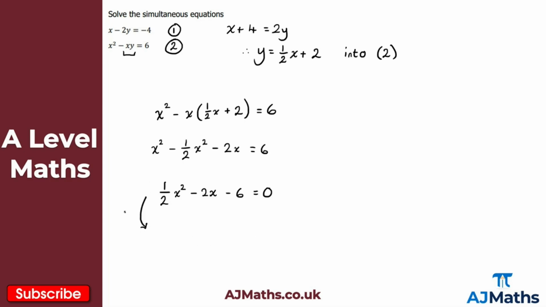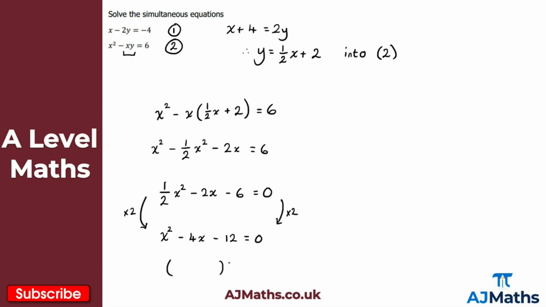So if I times everything through by 2, doing the same on the right-hand side as well, I'm going to get x squared minus 4x minus 12 is equal to 0. 0 times 2, clearly we just get 0. And what I want to do now is check whether this factorises. Well, let's double check.